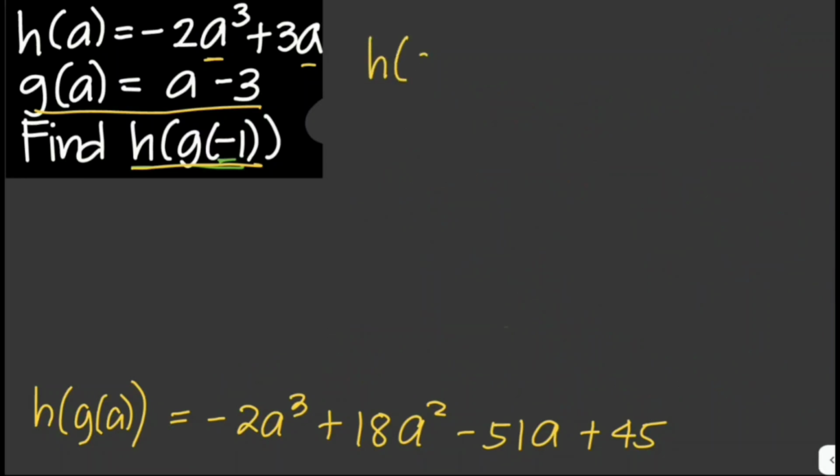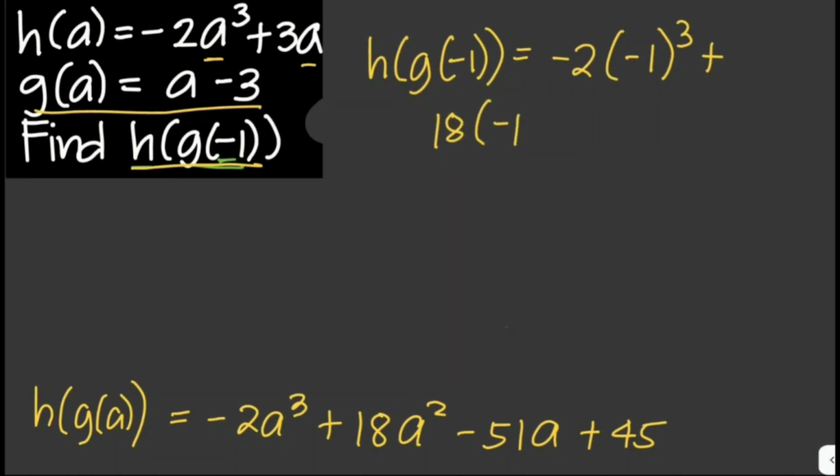So h of g of negative 1 is just negative 2 times negative 1 cubed plus 18 times negative 1 squared minus 51 times negative 1 plus 45. And then negative 1 cubed is just negative 1. So negative 2 times negative 1 is positive 2.